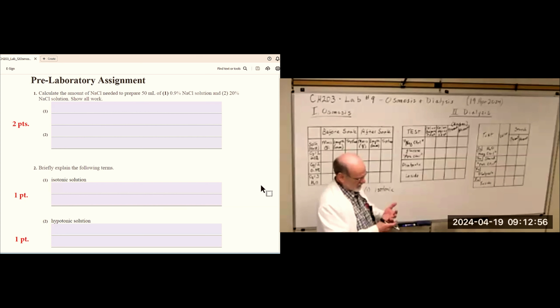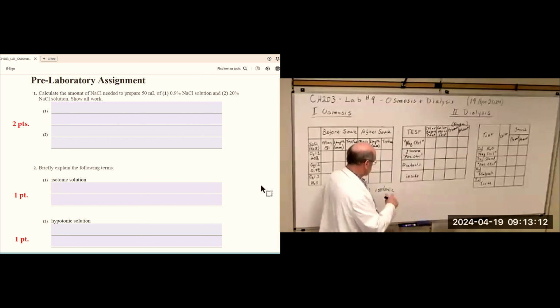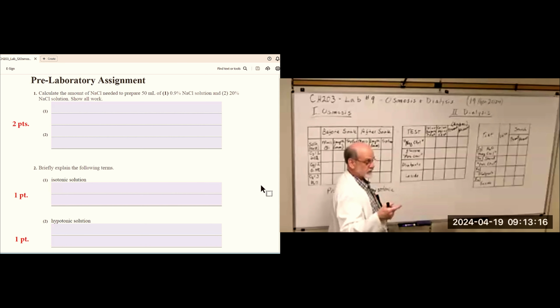But we have to treat it that way for discussion purposes. So an isotonic solution is one in which the concentration of solute inside the cell is the same as outside the cell, because the membrane will transfer water across the membrane, but it transfers based upon the concentration gradient.